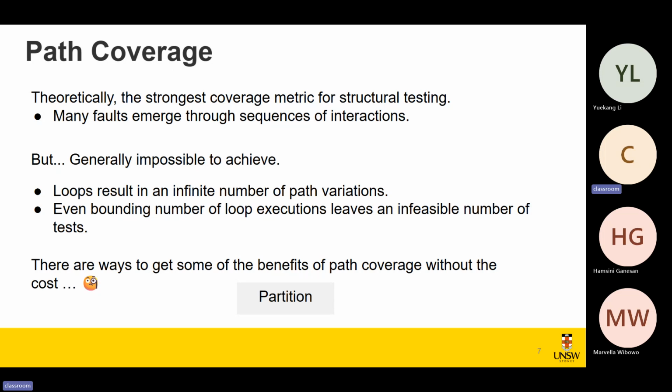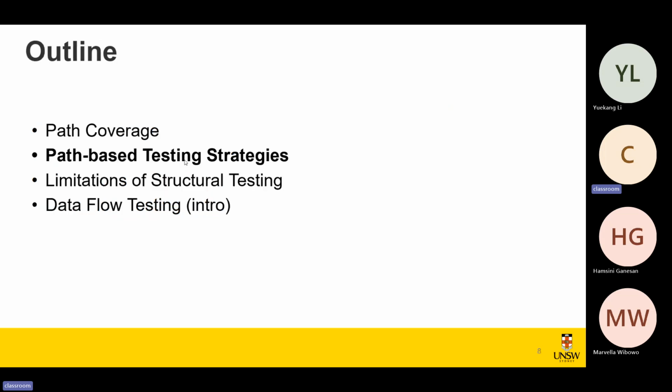However, instead of trying out every potential path, we can try to partition the paths and only test those representative paths for each partition or for each group. So this is the idea here. And following this idea, this gives us some strategies for doing path-based testing using some variations of path coverage.